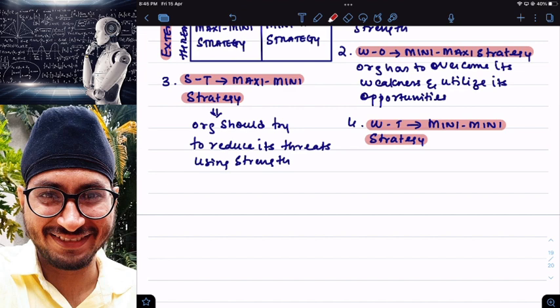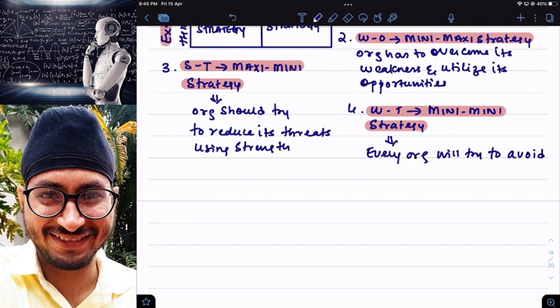Every organization will try to avoid this strategy. Every organization will try to avoid this type of situation.